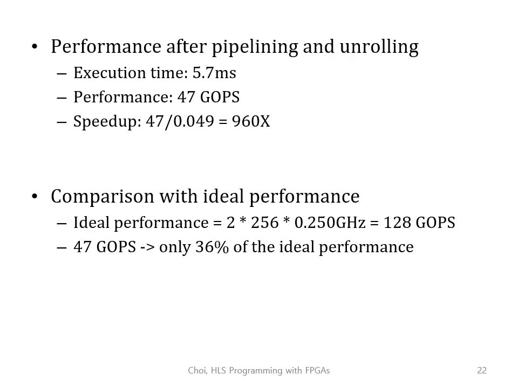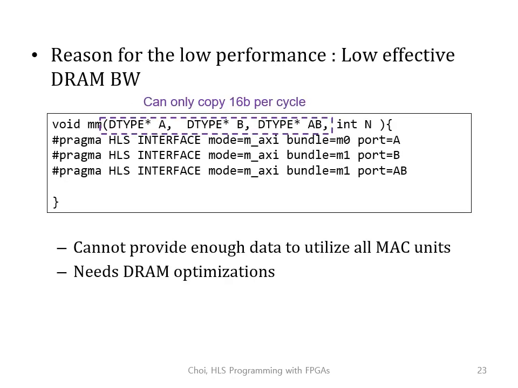And 47 gigaops is only about 36% of the ideal performance, which suggests that there is room for further improvement. The reason for the low performance is the low effective DRAM bandwidth. Remember that the external memory access rate depends on the type of the top function argument, and we set the type to a short type, so we're only going to copy one short data per cycle from port A. So we cannot provide enough data to utilize all the MAC units.